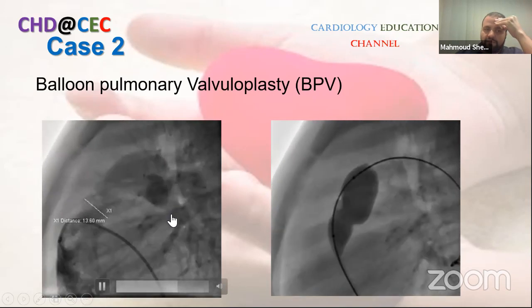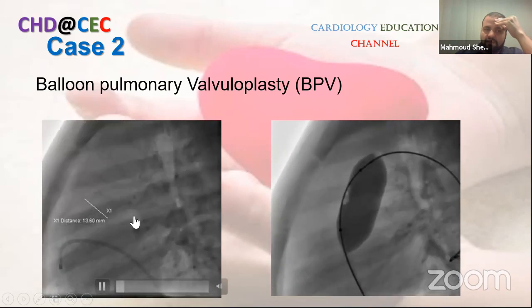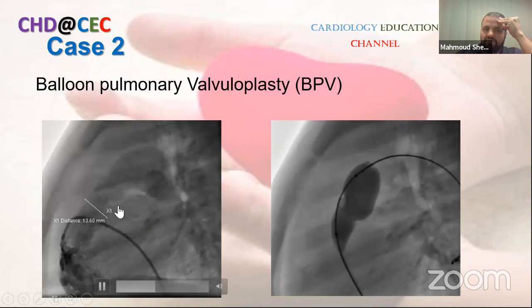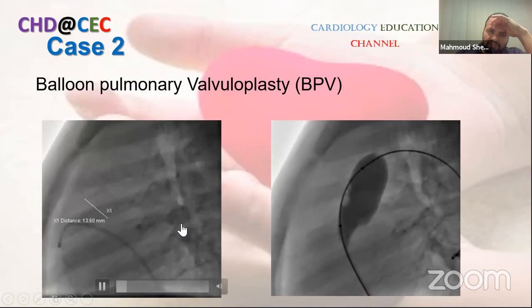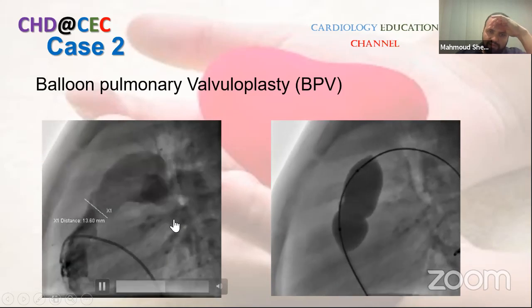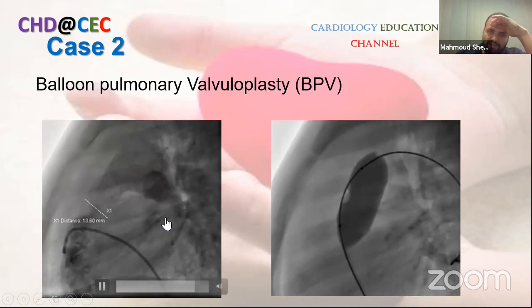And if it's a good type of valve, the dome-shaped valve, in children we try to use the low-profile balloon. So we'll get the low-profile balloon.